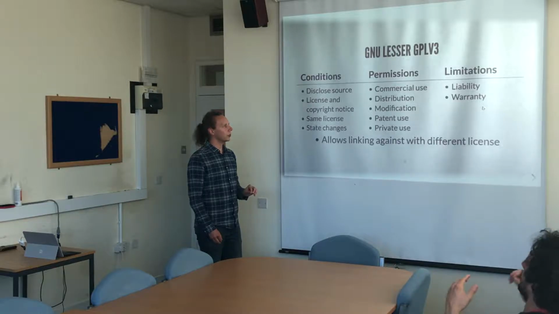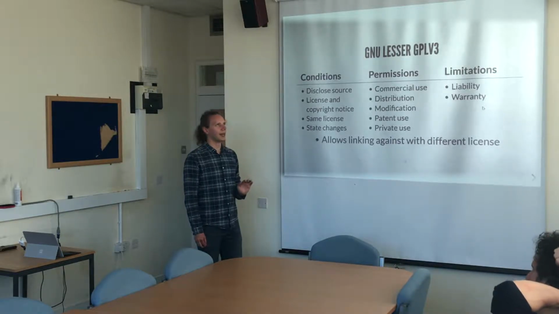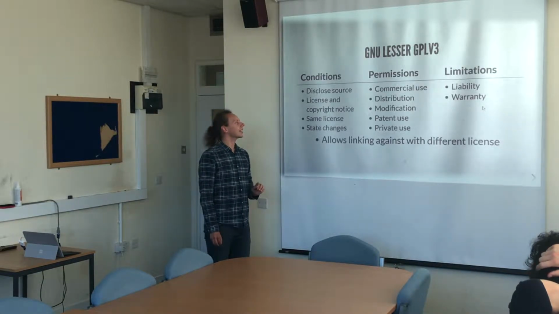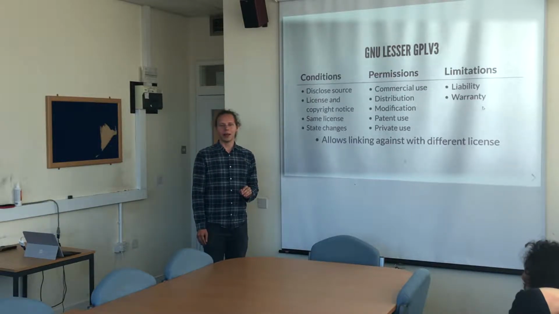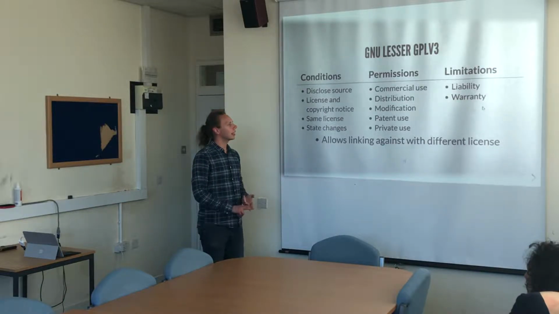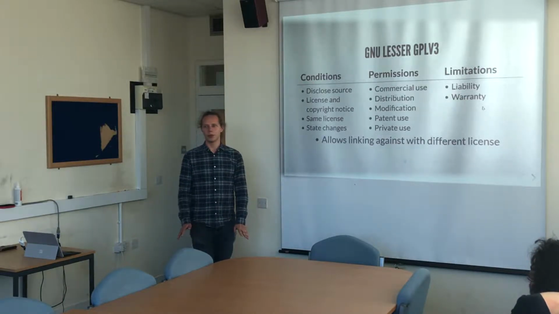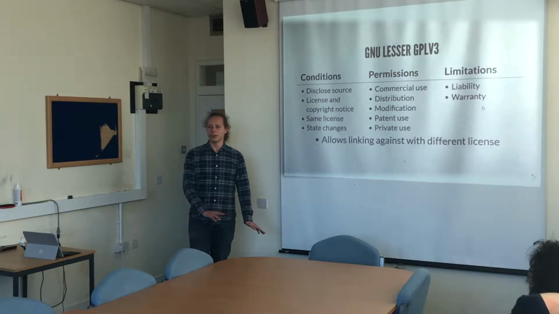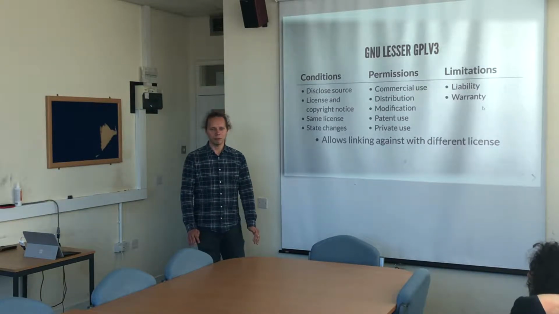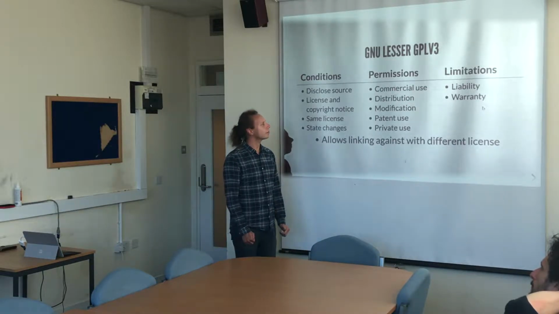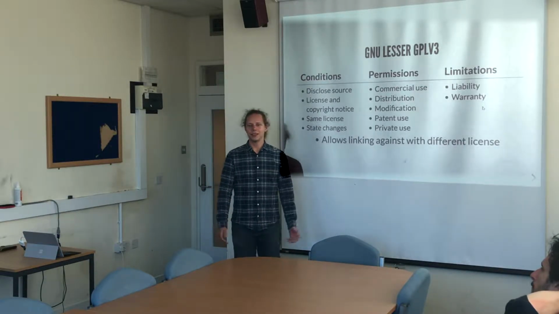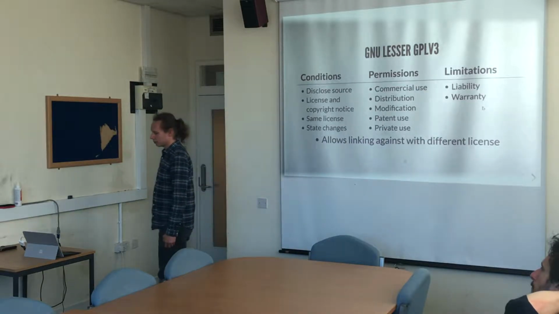You can use it in commercial applications. You can distribute, modify, you can patent things, you can use the code nevertheless. And of course you can use it for private purposes, and in that case, in principle, you don't have to disclose the source because you're not disclosing anything to anybody. And again, the same limitations, liability and warranty.